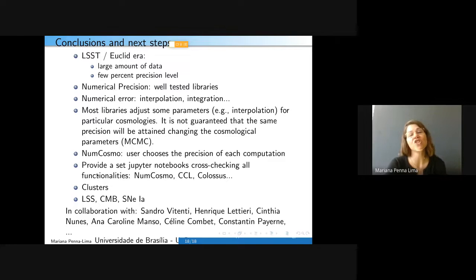In the presentation, I focused on galaxy cluster analysis, but these libraries, not all of them, but NumCosmo and CCL, also provide functionalities to perform analyses in large-scale structure, supernovae, CMB, and other cosmological probes.